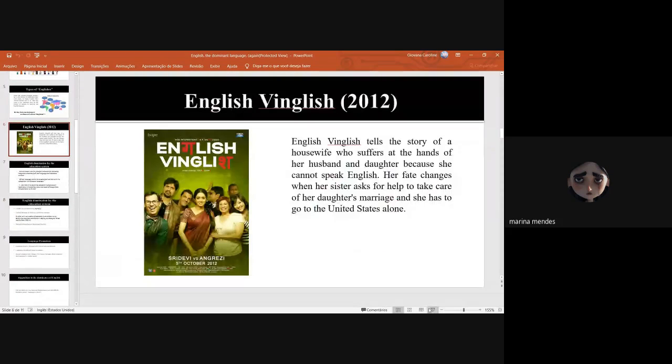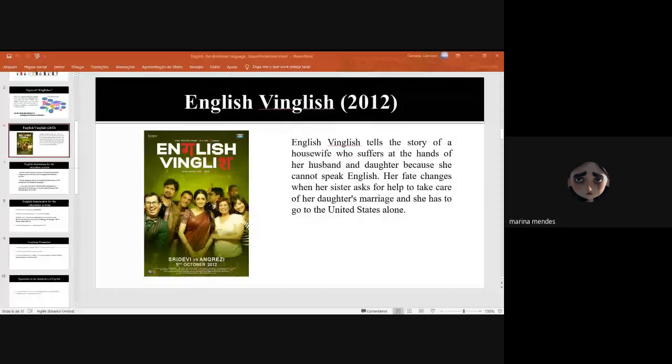Okay, so in the book, the author cites the example of literature. Many literature writers from peripheral English countries have refashioned the English language according to their own linguistic and cultural needs. This shows the ability to blend their own culture with the canons of certain genres. So in this slide, I bring this movie.